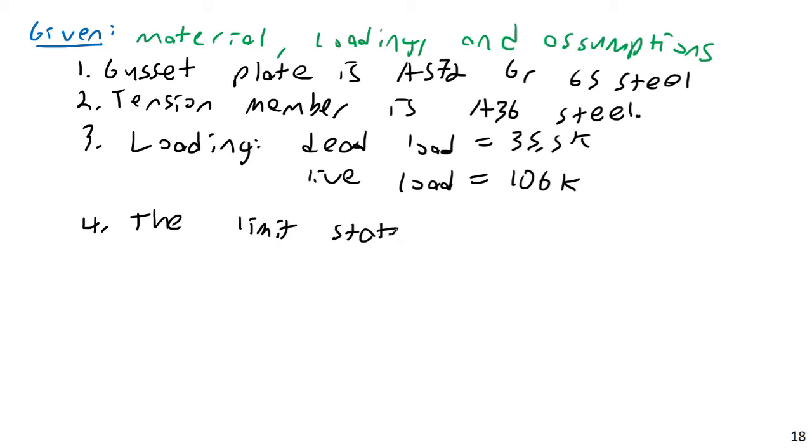And the reason for that, well, if you're actually designing or analyzing such a connection in the real world, you would not want to assume this. But for this particular problem, we have not gone over block shear rupture yet.